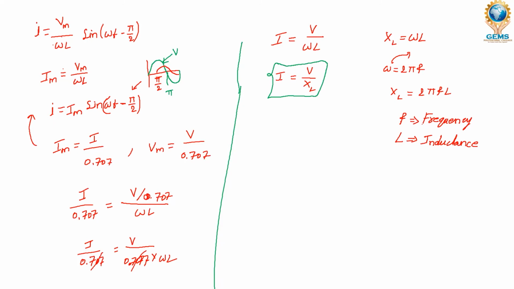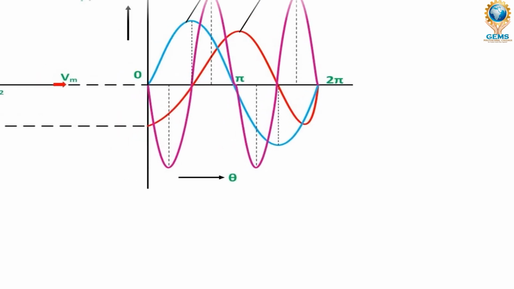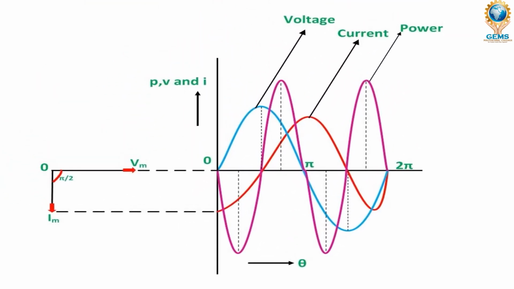Okay, now we will see the power formula. This is regarding current and all this. Now when we see the power formula, here you can see the waveform. I already told this. When voltage is moving like this, the current will be 90 degrees lagging. That is represented with pi by 2. Okay, this is the voltage waveform. Current is going to come with delay. Here the current is started.